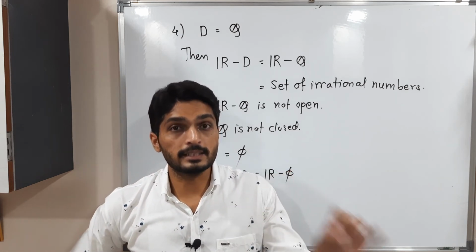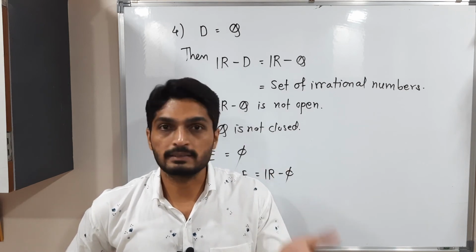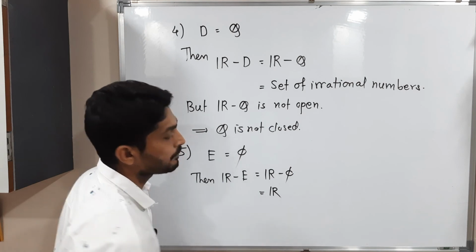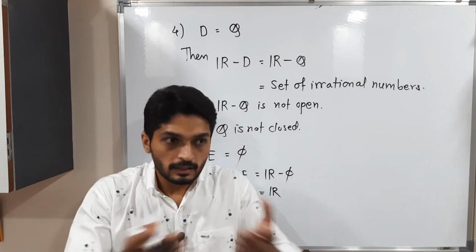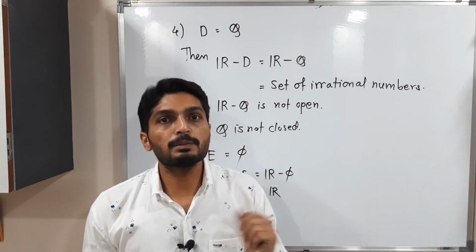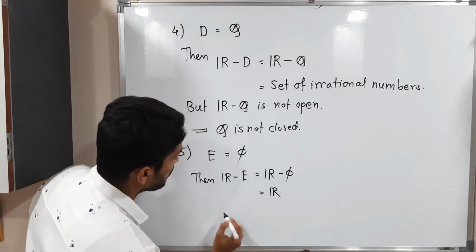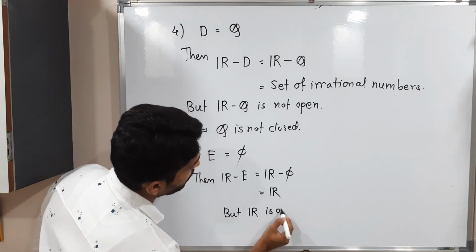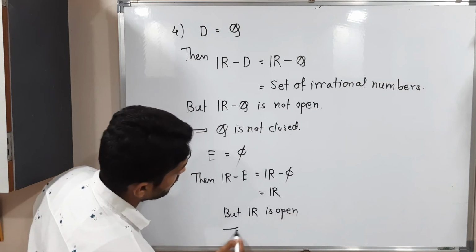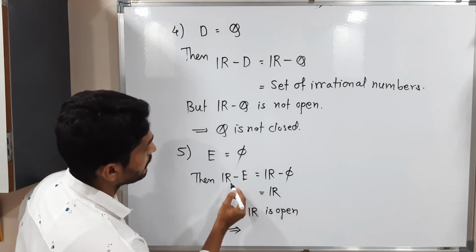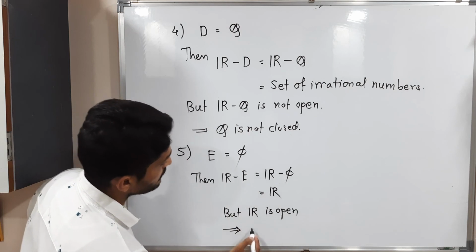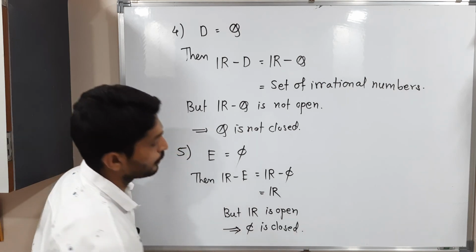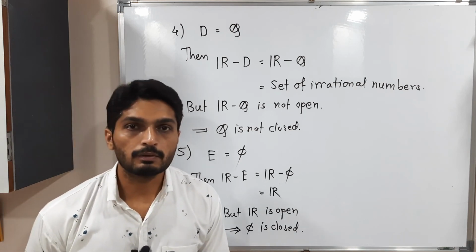If you subtract 0 from any number, you will have the same number. So R minus the empty set is equal to R. And R, the complete real line, is an open set. But R is open, so what can we declare? Therefore its complement, the empty set, is closed. Getting? So in this way we proved the empty set is closed.